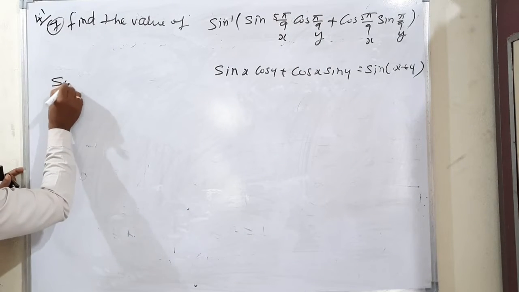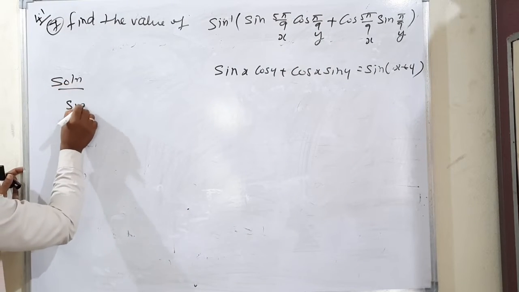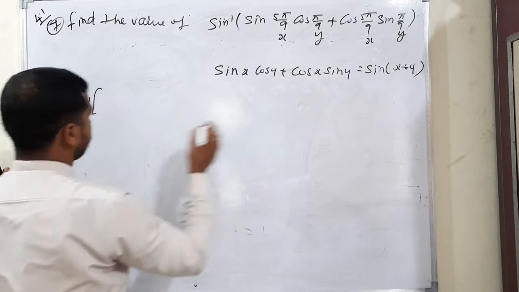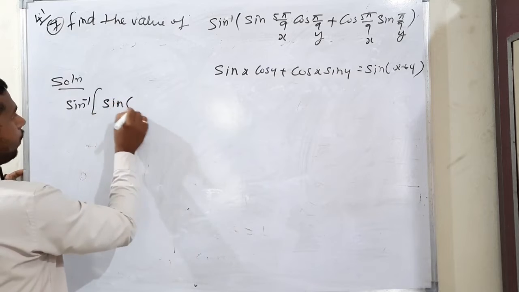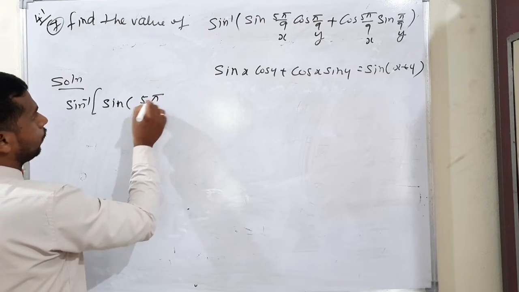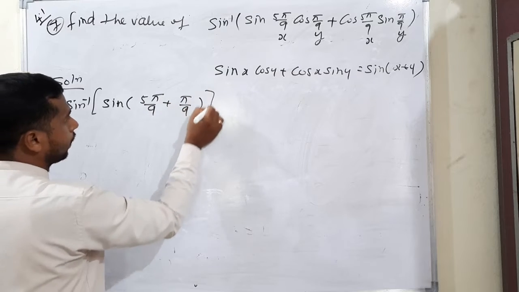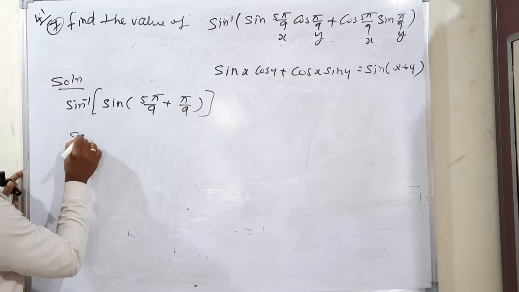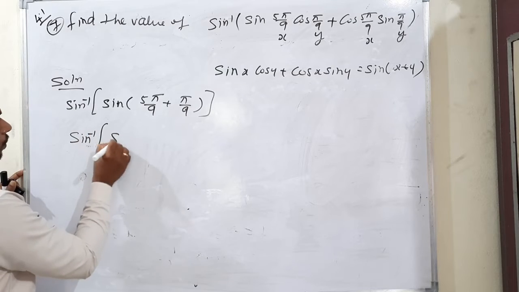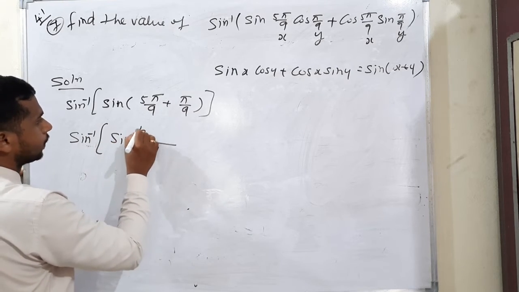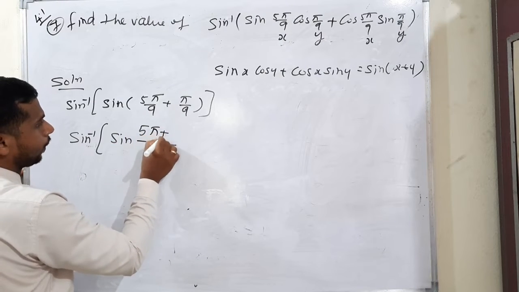Therefore, the solution: sine inverse of sin of x plus y. So sine inverse of sine of x value 5 pi by 9 plus y value pi by 9. With common denominator 9, it means 5 pi plus pi.